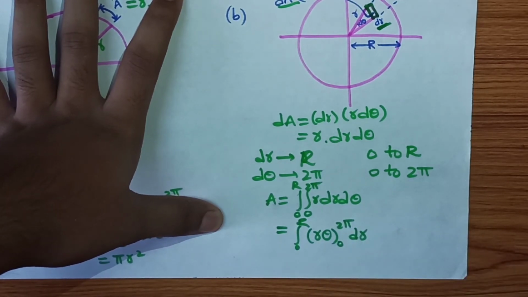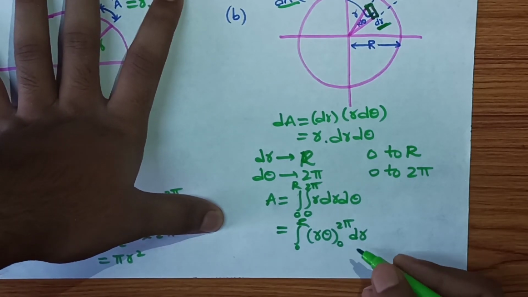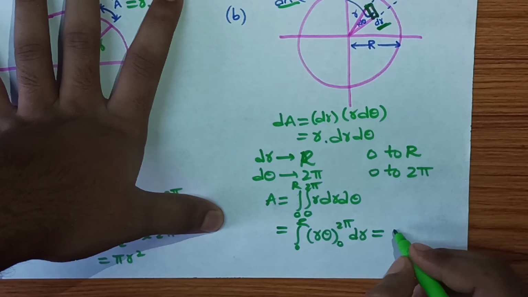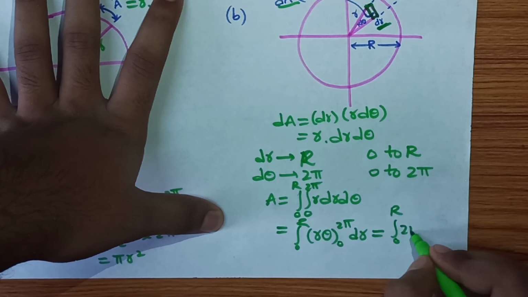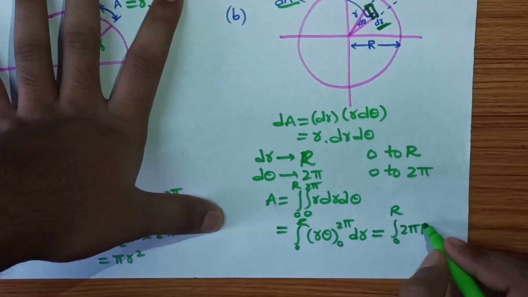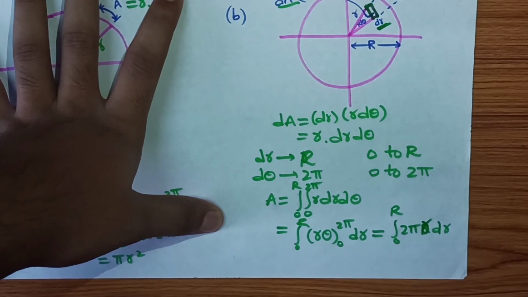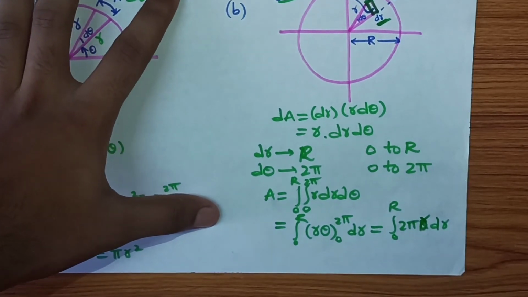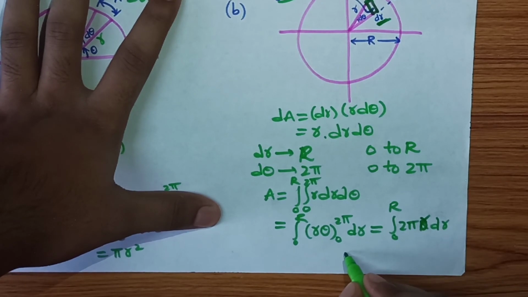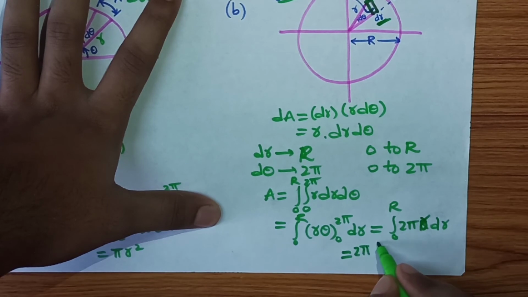If I substitute theta, I will get the integral from 0 to r of 2 pi r dr. This will give me 2 pi r square by 2, from 0 to r.